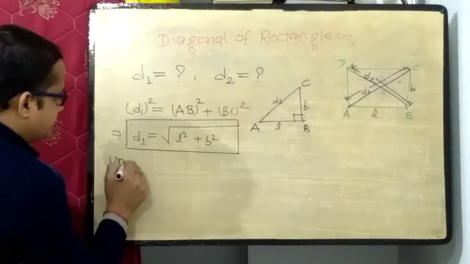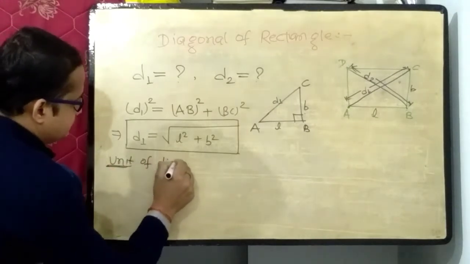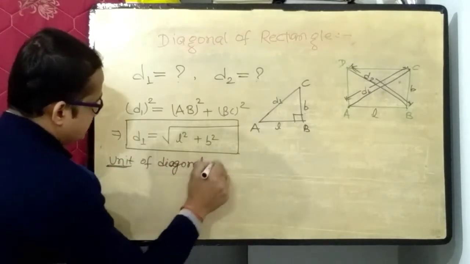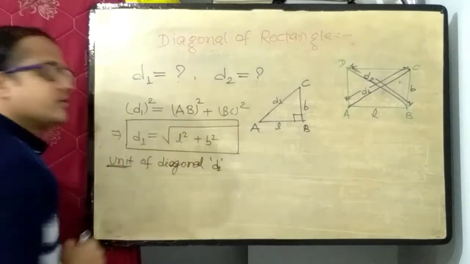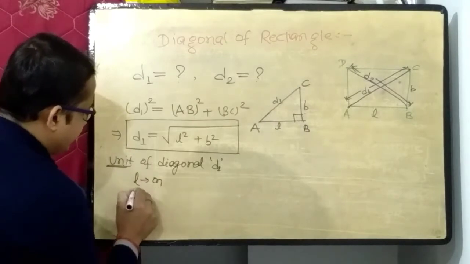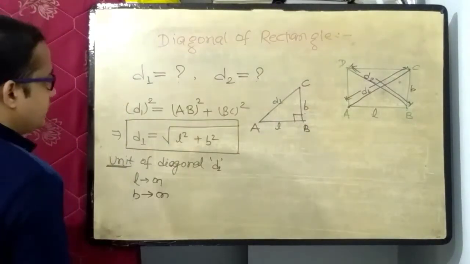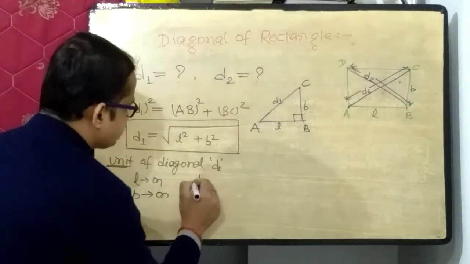Now the unit of diagonal D1. Suppose the length is given in meter and the breadth is also given in meter, then what we have to find out is the unit of the diagonal.